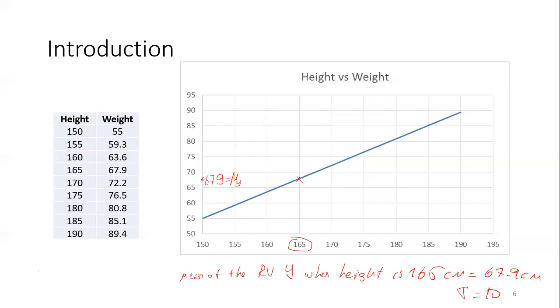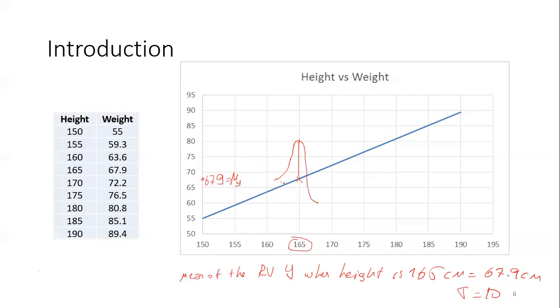So there's a distribution, and the distribution is a normal distribution. So you can just plot it like this. Let's think of this as a three-dimensional plot.